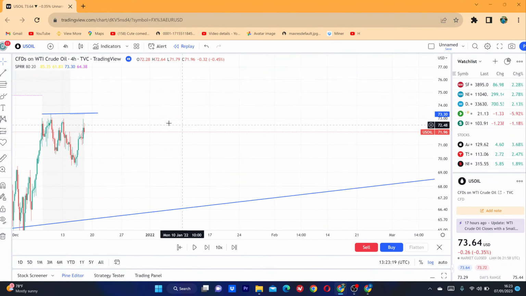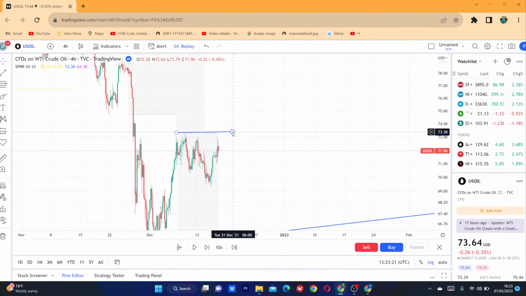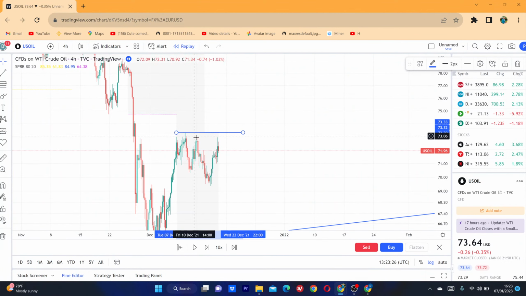So what I will do over here as a trader is this: I'll wait for the market to come to this level, because it has tried to break these ones, and the moment it comes to this place, it gets resistance. You can see it has 72 and this is 73, that's about 600 to 700, 800 points over there.